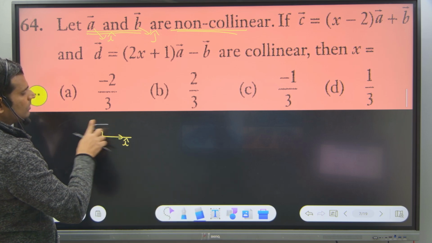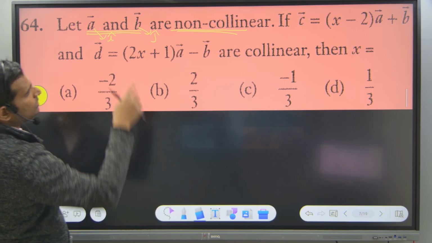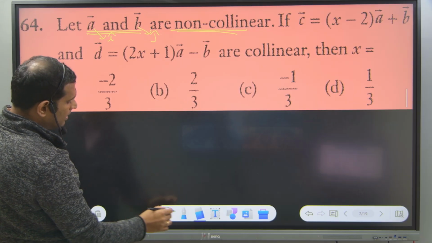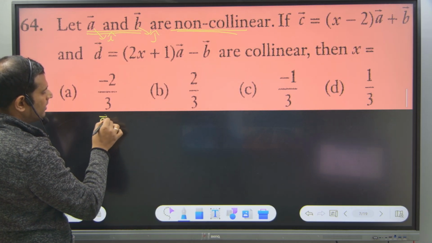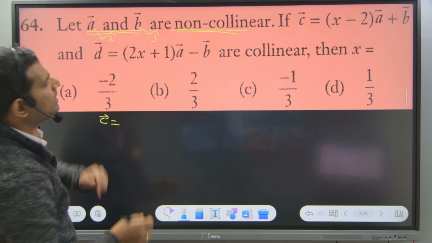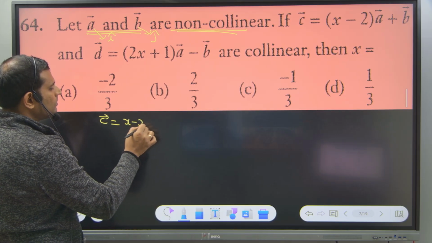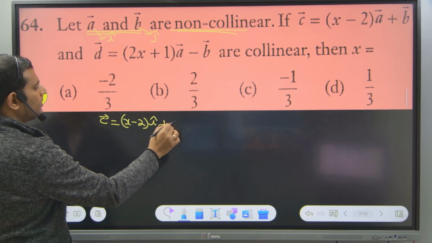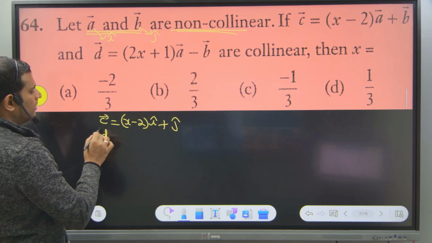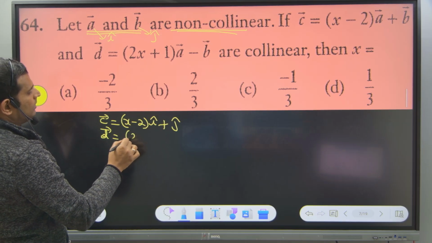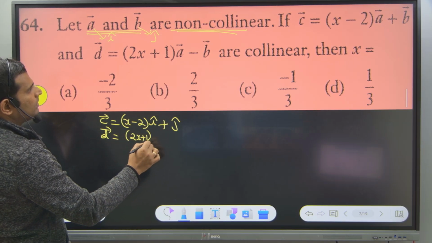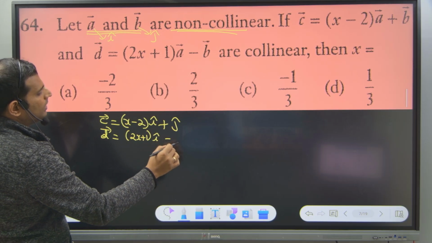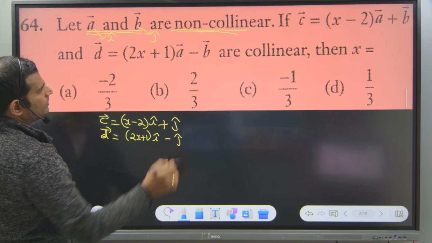So substitute vector A as i cap. Then what is vector C? Vector C is x minus 2 i cap plus j cap, and what does vector D become? 2x plus 1 i cap minus j cap.